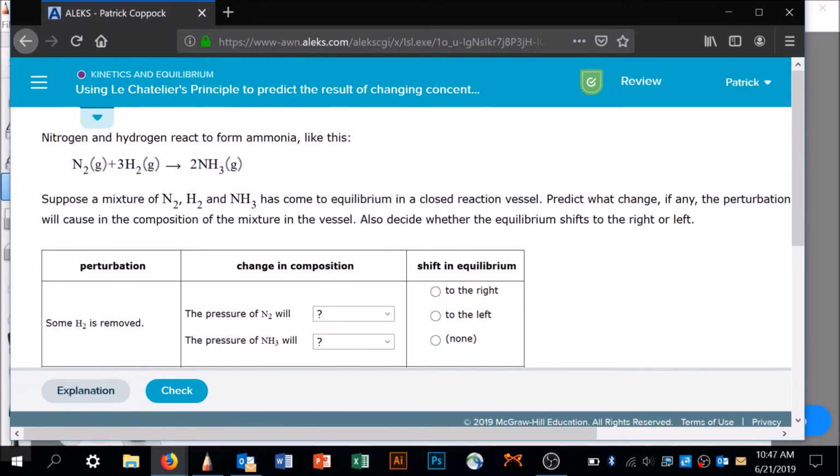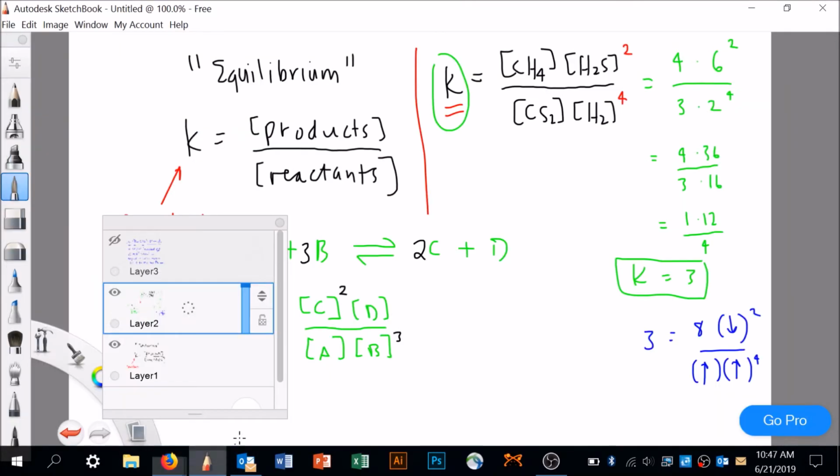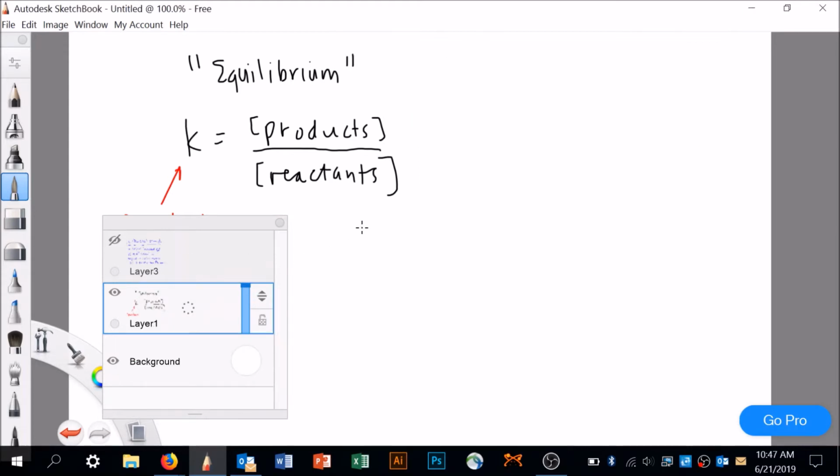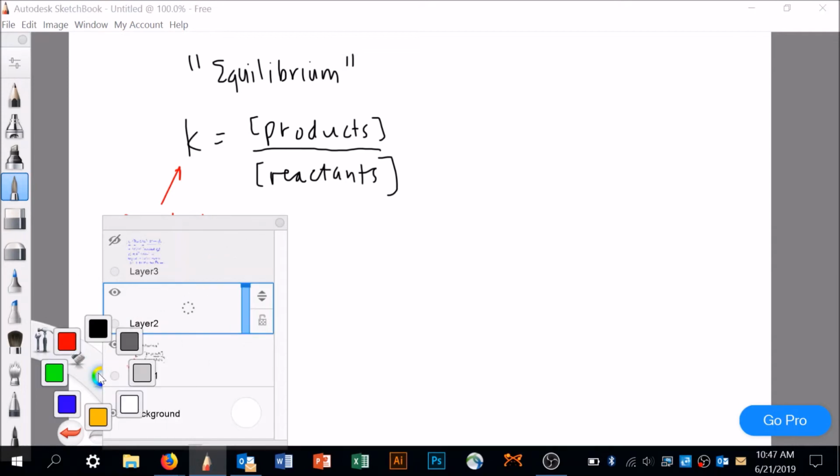All right, so nitrogen, let me go back over my whiteboard. I'm going to get rid of all of this. Let me get rid of this. Boom. Okay, let's start a new one. Okay, and we'll go to green still.